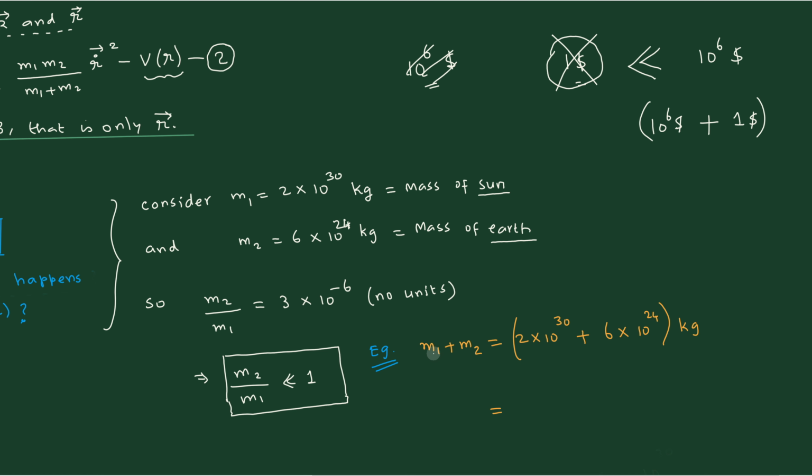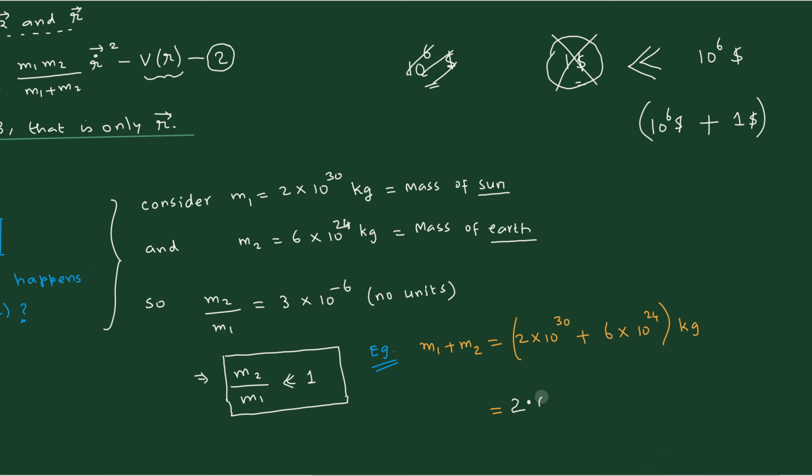And in this situation, when you add the two masses, you can easily understand the dollar addition here. That's what exactly we have written down, the mass of the sun plus the mass of the earth we are going to add. How are you going to add a number like this? Interestingly, you can add like this. This is a 2 here, so write down the 2, and then this is 10 to the power 24, and this is 10 to the power of 30. So there are 6 orders of magnitude smaller.